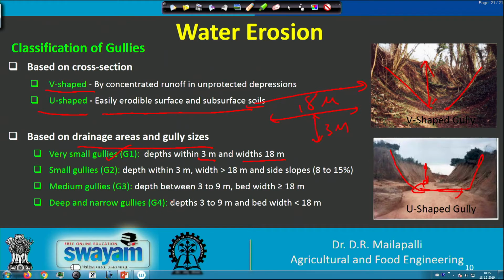And for medium gullies, the width will grow as well as the depth will grow, from 3 to 9 meter. Whereas deep and narrow gullies, the depth can be 3 to 9 meter, whereas the width can be less than 18 meter. So, the gully classification is based on the width as well as depth, like very small gullies, small gullies, medium gullies, and then deep and narrow gullies.